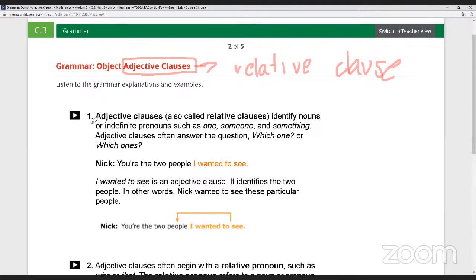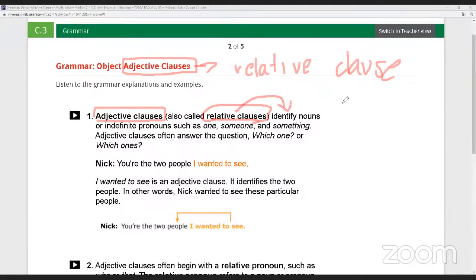Okay, let's recognize some names. This is the lesson, right? We can call them adjective clauses or relative clauses, both are the same. When are we gonna use these relative clauses, or what is the purpose of it?